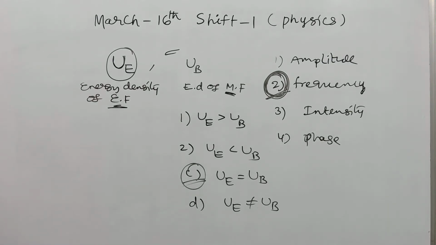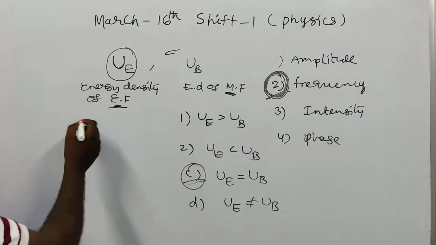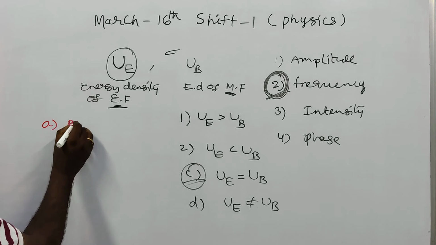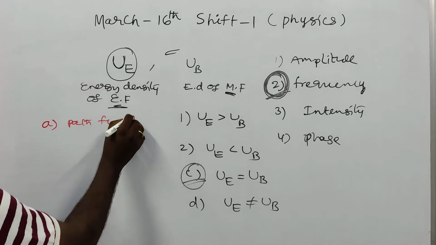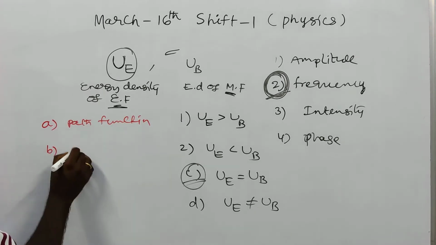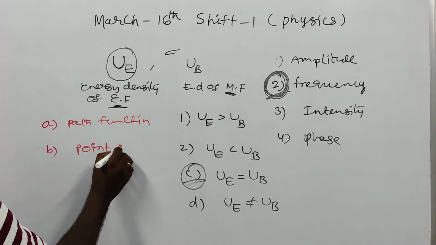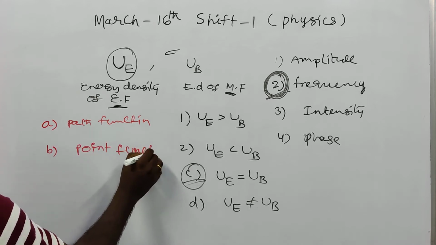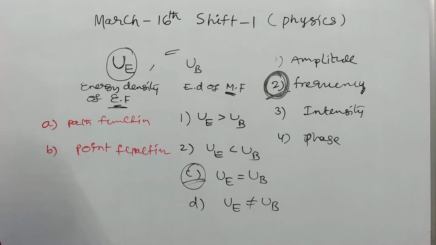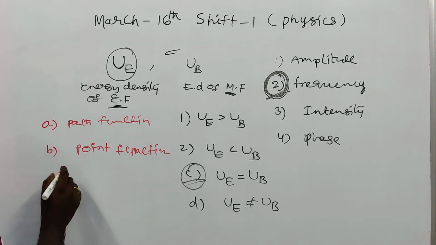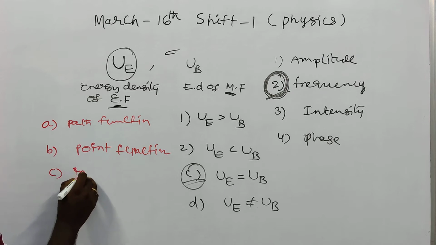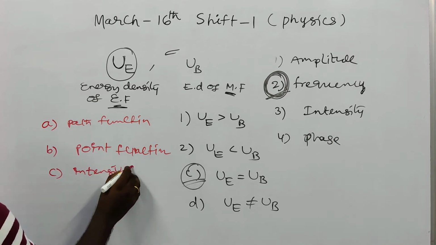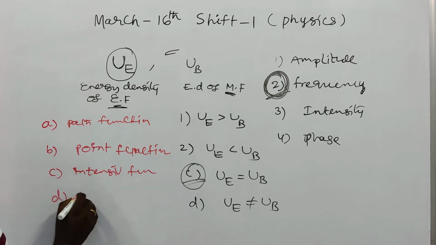One more theory based question. The question is: work and heat are. Option A, path function; option B, point function; option C, intensive function; and option D, extensive function.